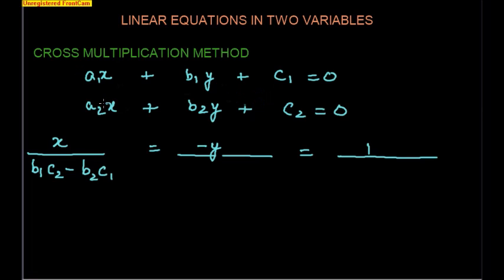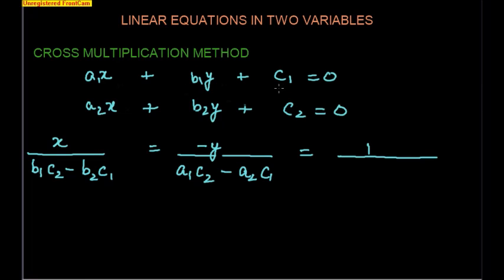We have to write below y. So we will not consider the coefficients of y. We hide them and we multiply a1 from right to left, c2 minus a2 c1. Next we take the constants.